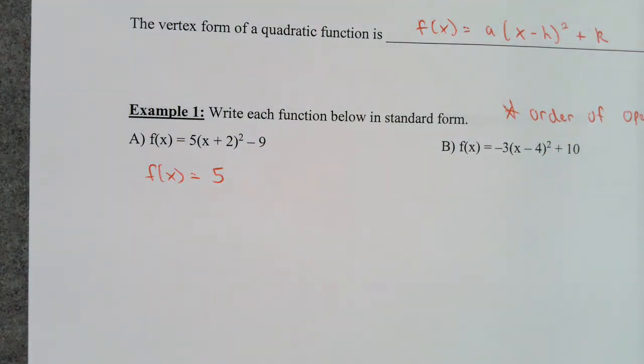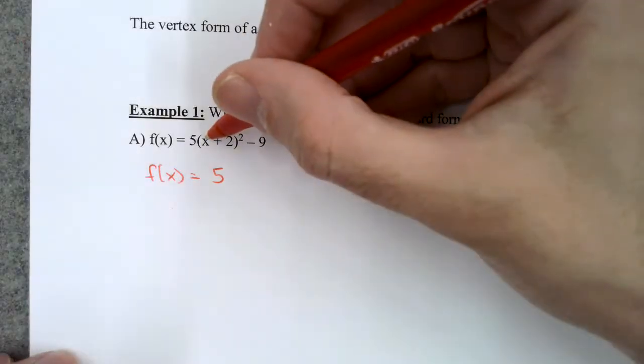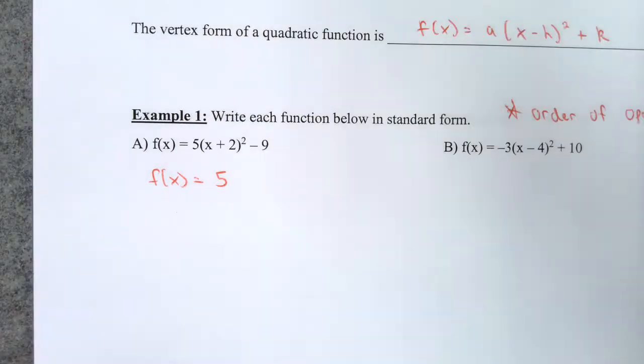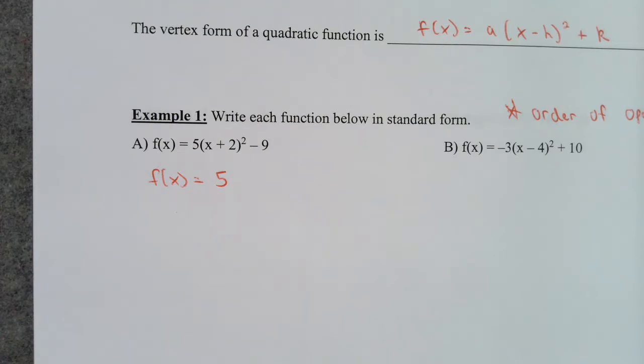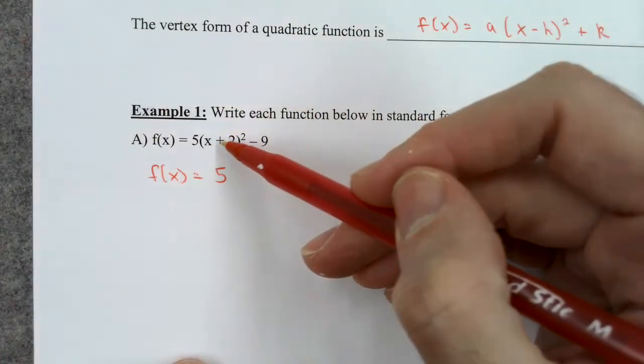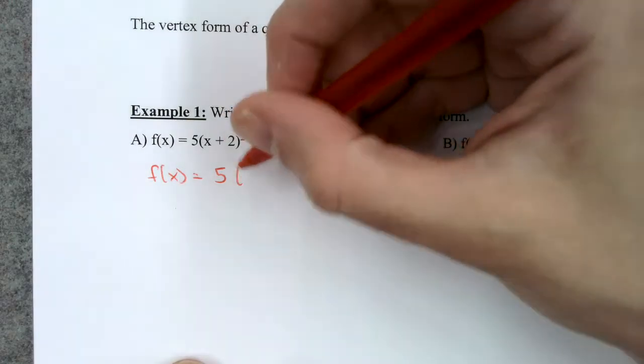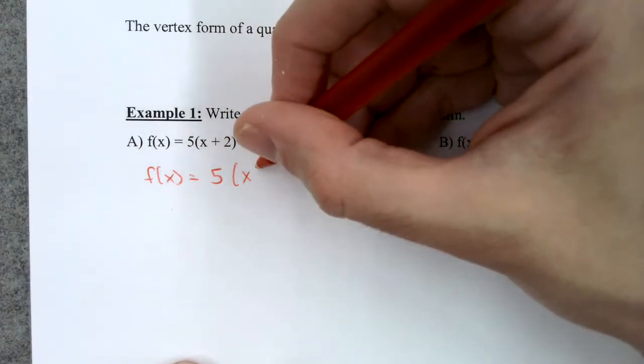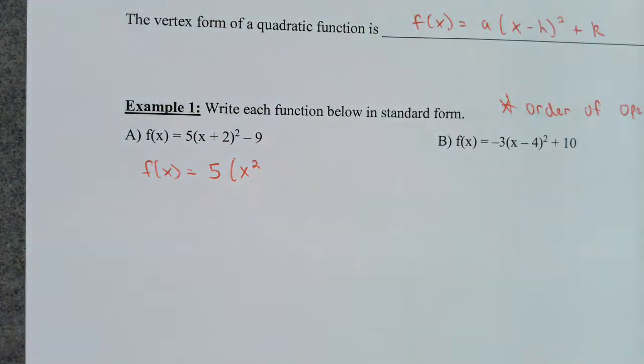If you need to write it out and distribute it, you can. That's fine. X plus 2 times x plus 2. Do out the distribution and combine like terms. The quick way to square a binomial, hopefully you remember this from Algebra 1, or hopefully I refresh your memory right now. Whenever you have to do a binomial squared, you square the first term, so x squared is x squared.